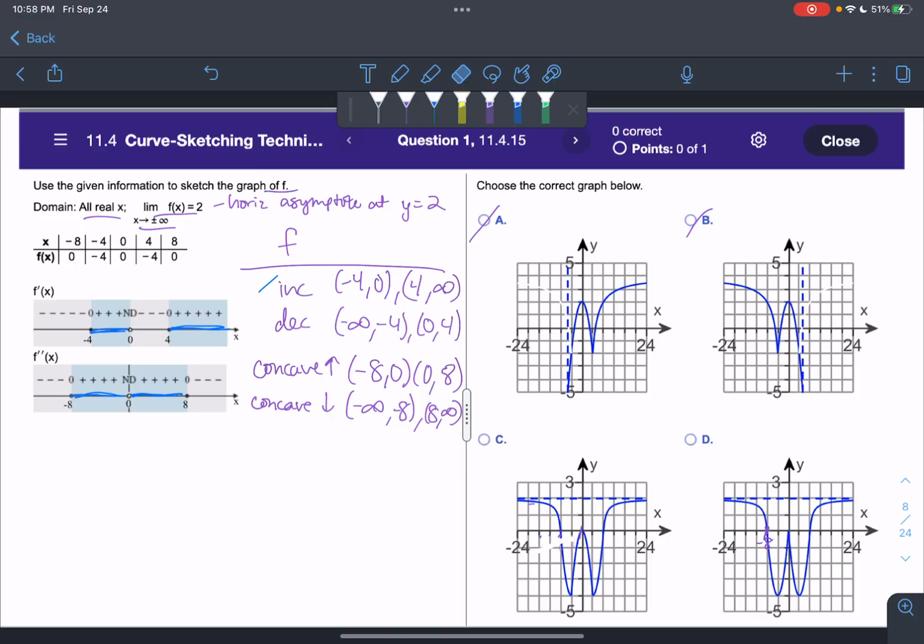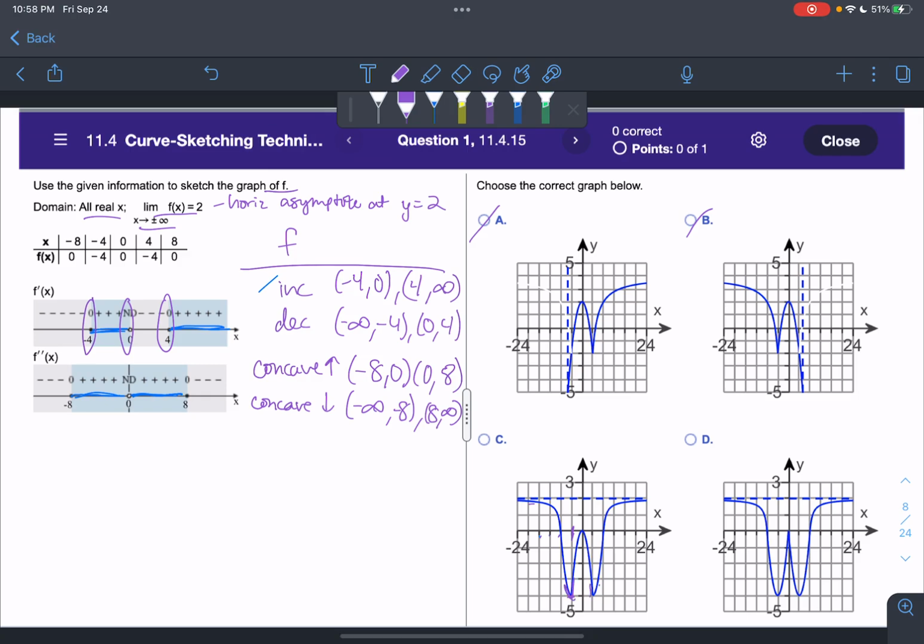So let's look at the sign chart. I suppose we can look at these partition points for our first derivative at least. So my first derivative at x equals -4 has to be 0. But this kind of looks like the derivative doesn't exist because it looks like one of those hard corners.